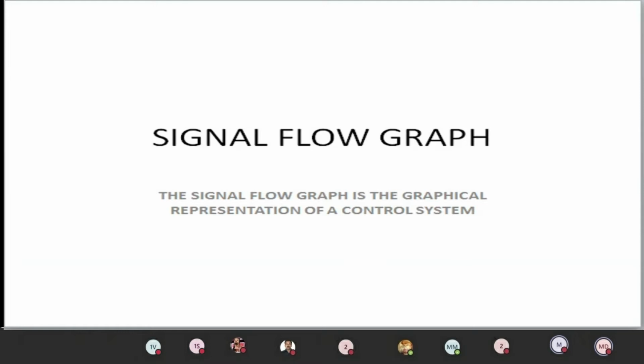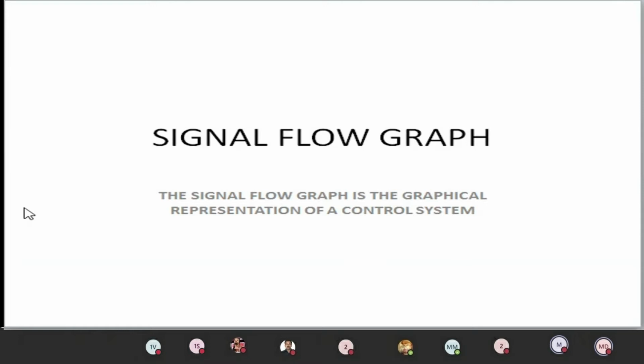Now let us focus our attention on the signal flow graph. First, you should know what a signal flow graph is. A signal flow graph is nothing but the graphical representation of a control system.